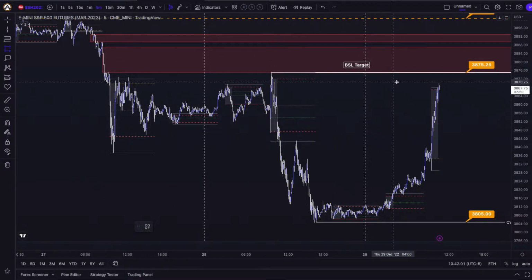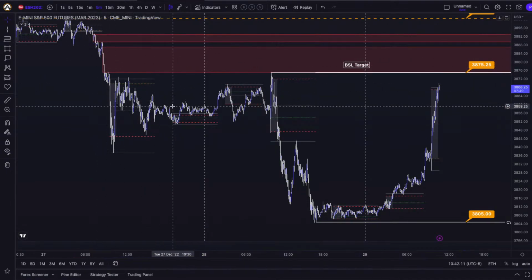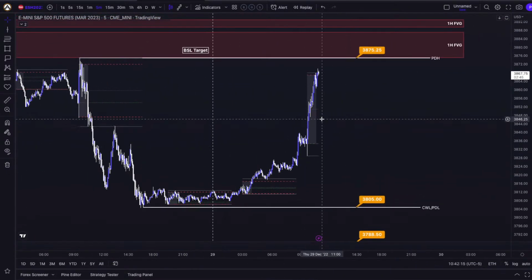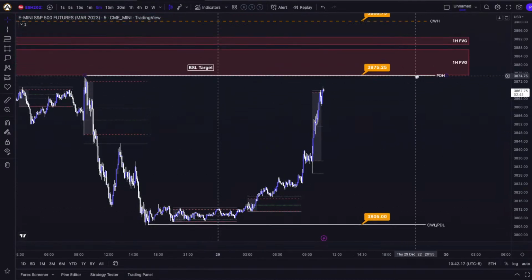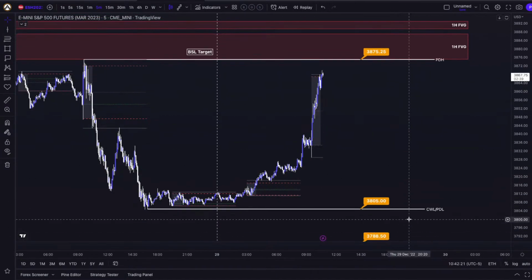And if we reach this target, we can refine our fair value gaps to be a little bit more accurate. But I'd just like to have my higher time frame fair value gap on the chart. Alright, so we have our previous day high, previous day low. We have our current week's high, which is right here at 3,903 and our current week's low, which is lining up with yesterday's low.